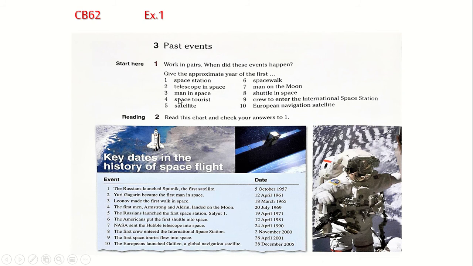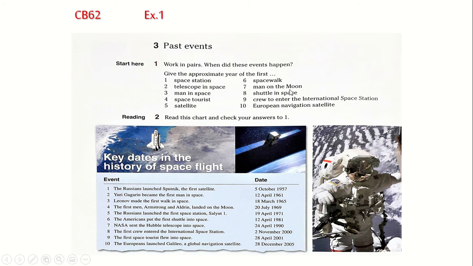Okay, try to guess. Number 2, the first telescope in space. Number 3, the first man in space. Number 4, the first space tourist. سائح فضائي. أول سائح فضائي. Number 5, the first satellite. أول قمر صناعي.